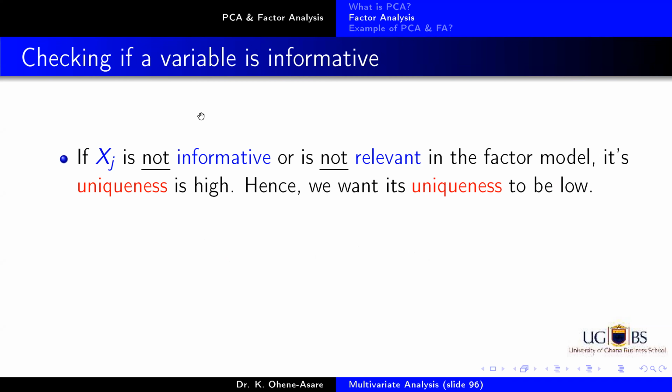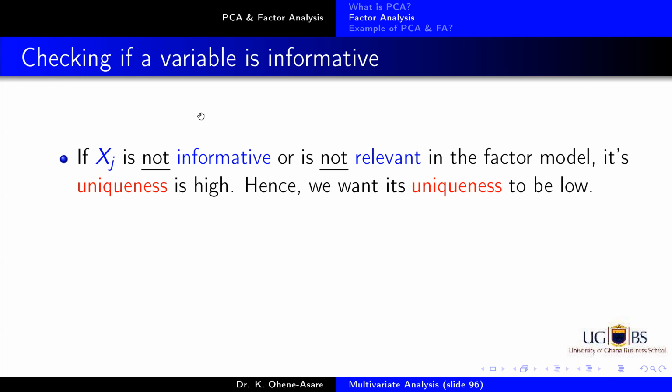All right, now this is very important. So when we say a variable is informative, listen carefully. When we say a variable is informative, then it means that that variable is relevant. If I say that an Xij is very informative, it's relevant. When it's relevant, what it means is that its uniqueness is not high.